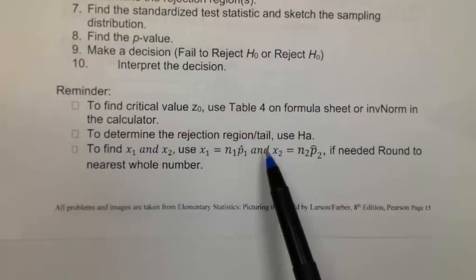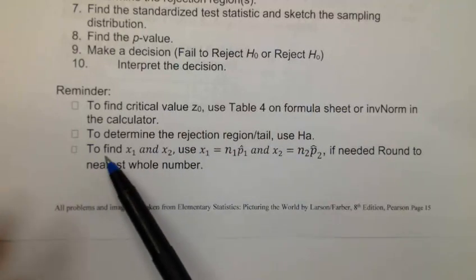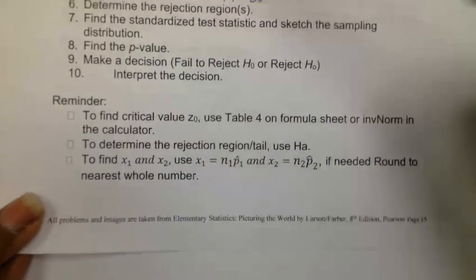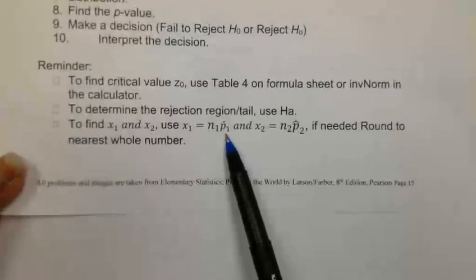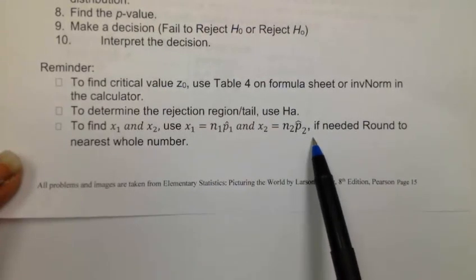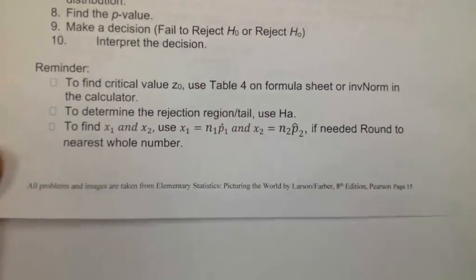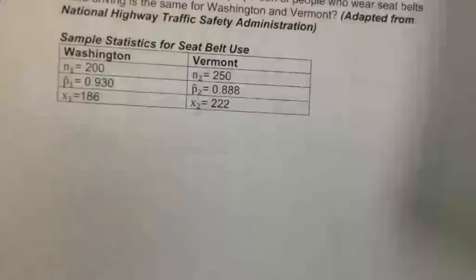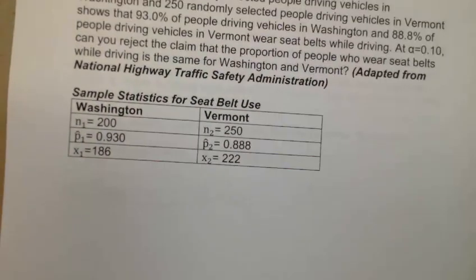To determine the rejection region or tail, we look at HA. And to find x1 and x2, as we did up here, n1 times p hat 1, or n2 times p hat 2, round to the nearest whole number. So round as usual. Don't always round up. Okay, so first problem.